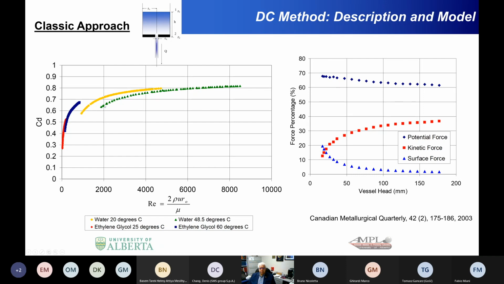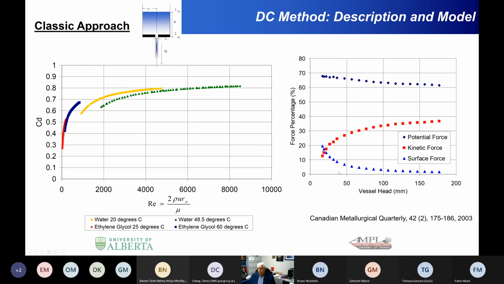So we decided to look at the different forces that were at play. And here's the potential force that you can see was acting for a good part of the portion of all the forces. Here you see the kinetic force. This is the inertial force of the fluid exiting. But then here's the surface force that we see below here. And we see it particularly at the low heads.